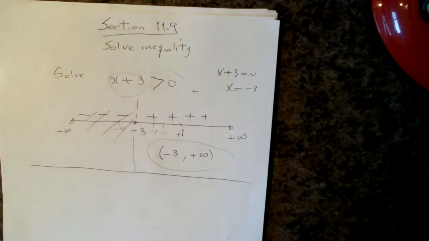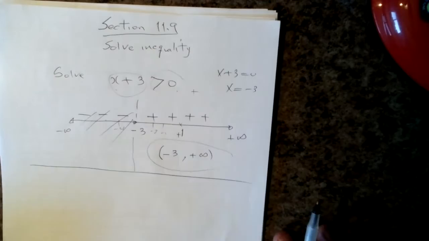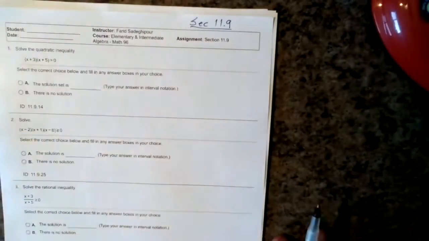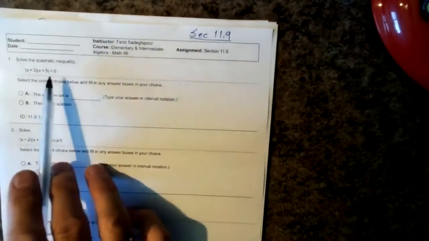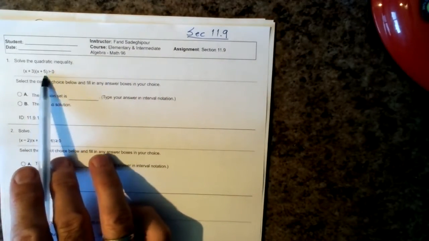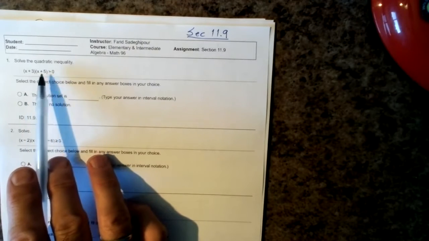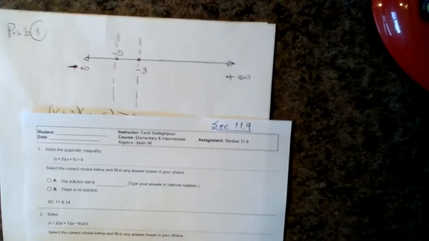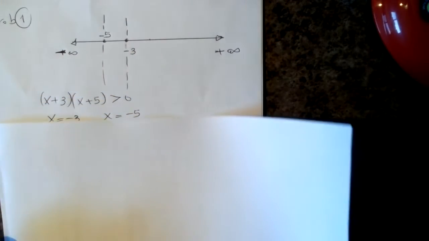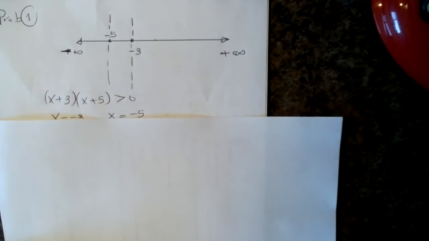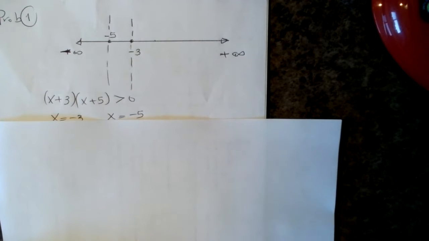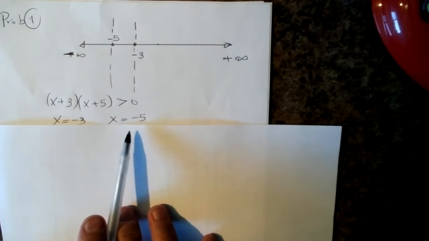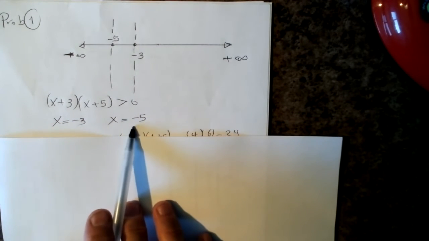Now, how do I solve the second degree inequality, like this one? When you multiply these two parentheses, you end up with a second degree equation. To solve that, first you take each parenthesis, set it equal to 0, and find two x's, negative 3 and negative 5.